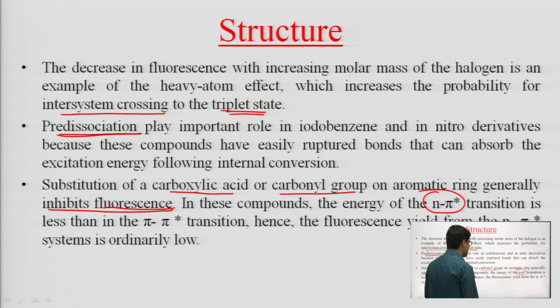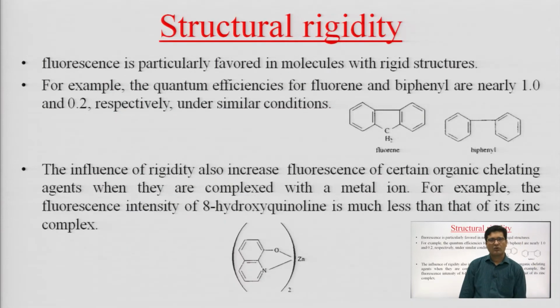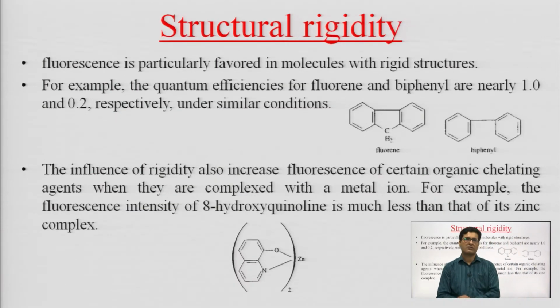When there is an involvement of the n to pi star transitions, then the probability of exhibiting fluorescence generally decreases as compared to the pi to pi star transitions. So, hence the fluorescence yield from the n to pi star transition is generally low as compared to the pi to pi star transition.